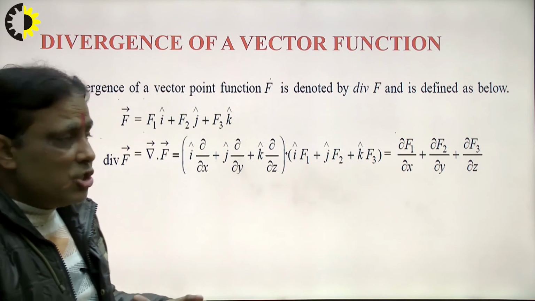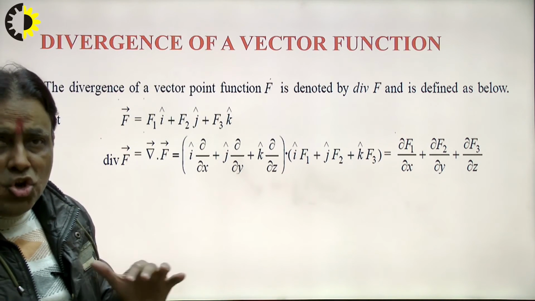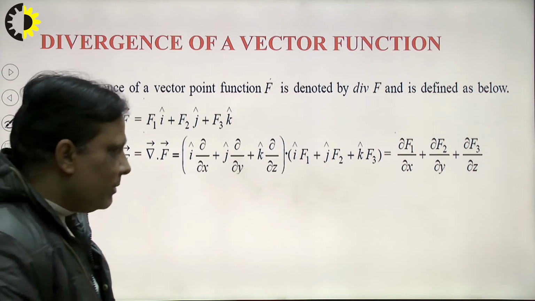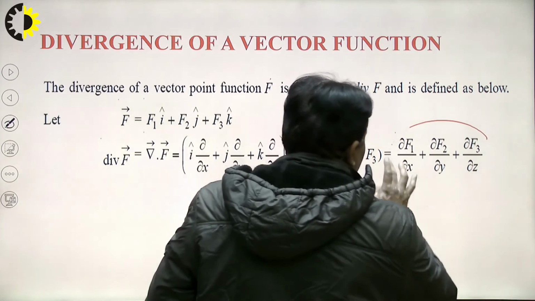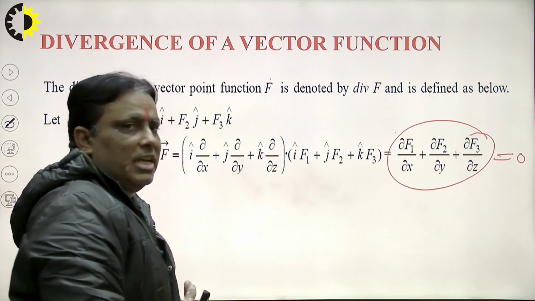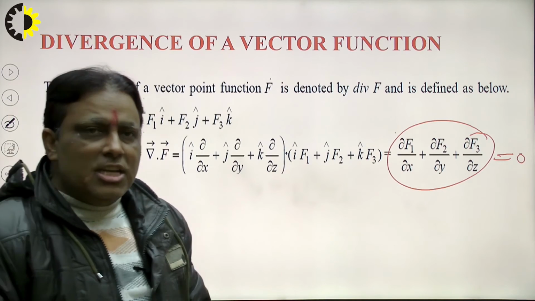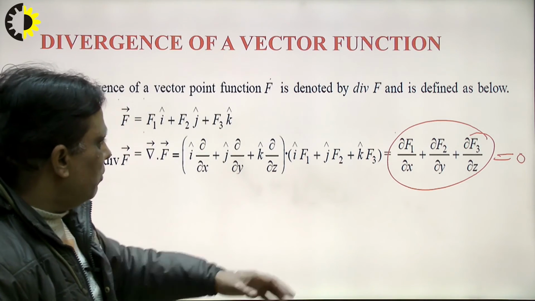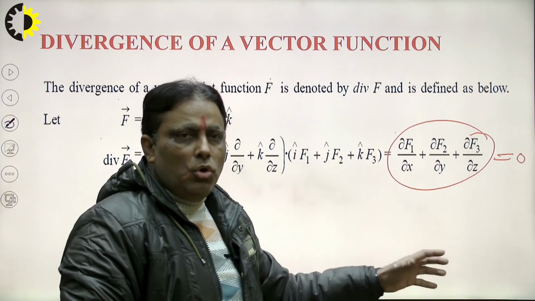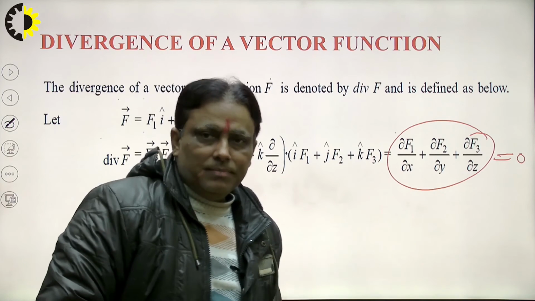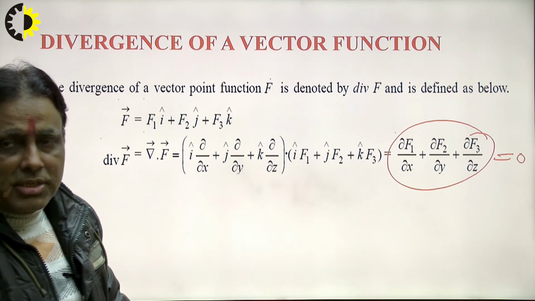Suppose there is no spreading, no movement in the fluid. That means this will be 0, and that is known as solenoidal. If a vector is solenoidal, that means there is no spreading, no movement in the fluid, no loss of fluid due to heat, so the divergence of f is equal to 0.